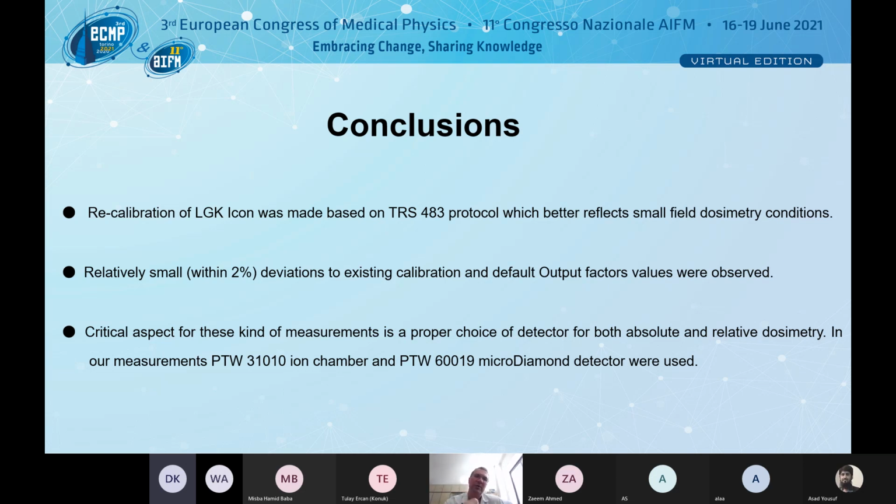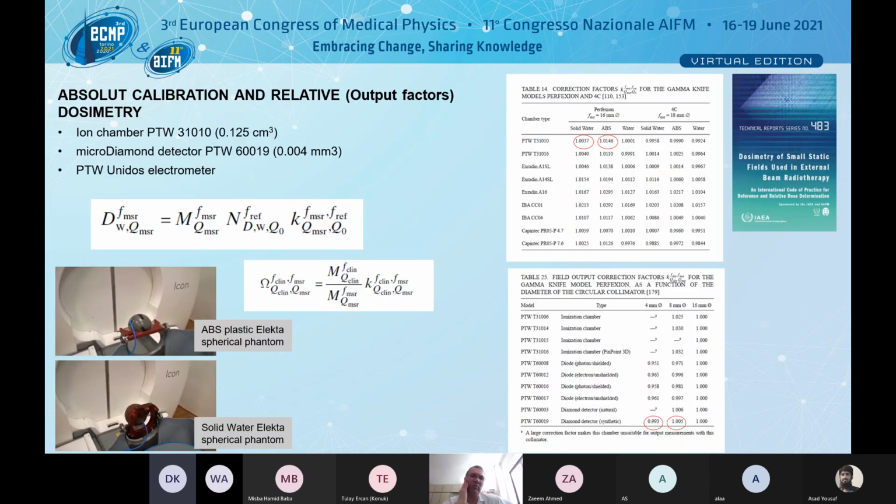I get NDW, and then I follow this procedure, which is shown here. To measure dose rate, you have to use one of those spherical phantoms. I'm using a PTW 31010 chamber and the PTW Unidos electrometer, which is of course calibrated every 2 years as well. And then it's a very standard measurement.